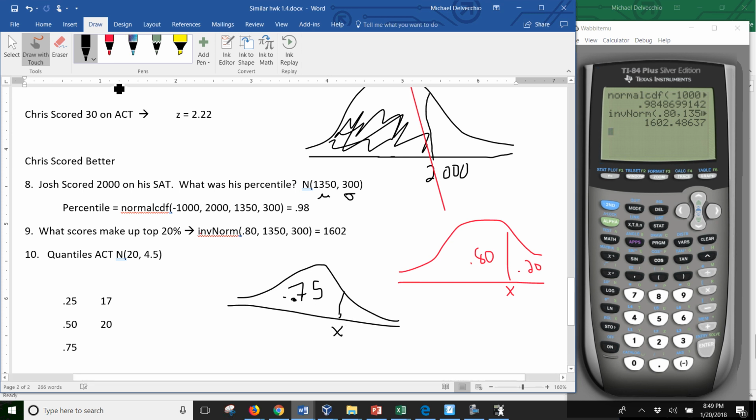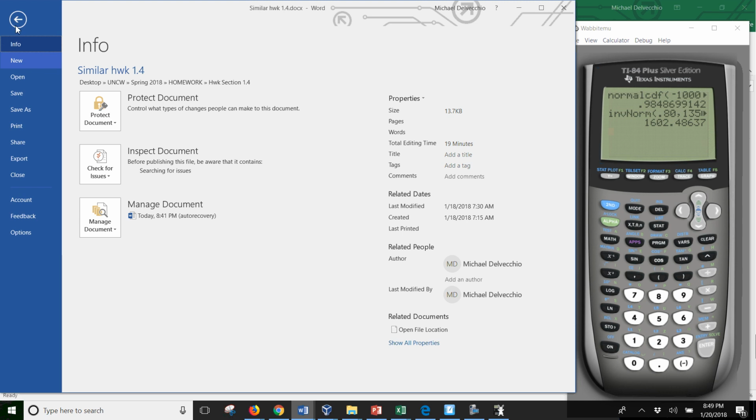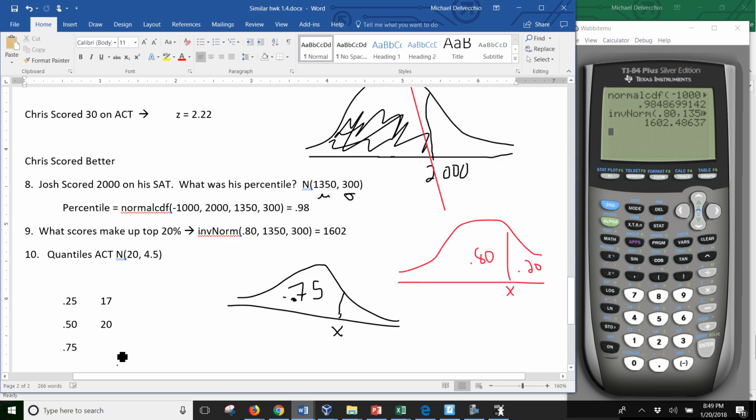So this is really just an inverse norm problem. So x equals inverse norm, 75, and again, the mean and standard deviation.